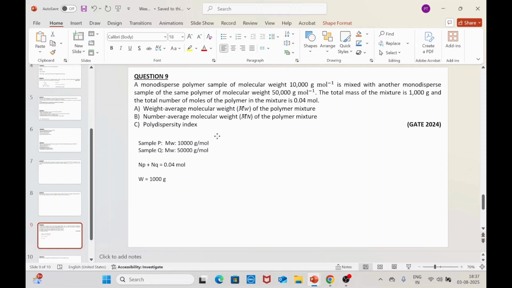So how to write W in terms of N and M? Because once that logic is clear, then everything is just mathematics, simple arithmetic.